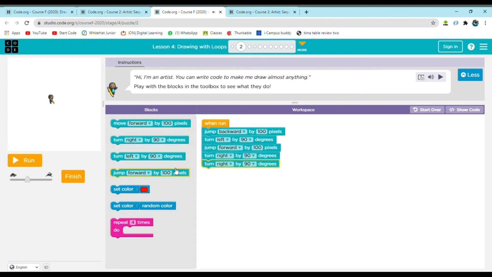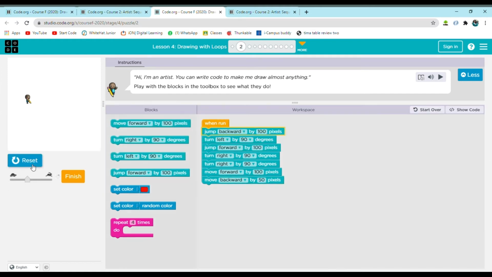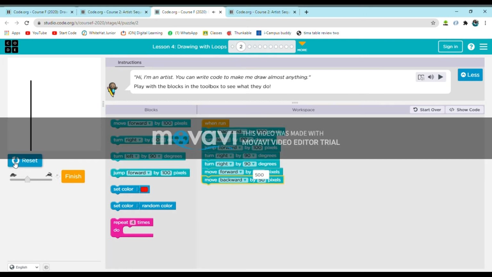Again turn right by 90. Move forward by 100 pixels. I'll copy it again and move backward by 50 pixels. Let us see what happens now. I think it should be 500. Let us see what happens.